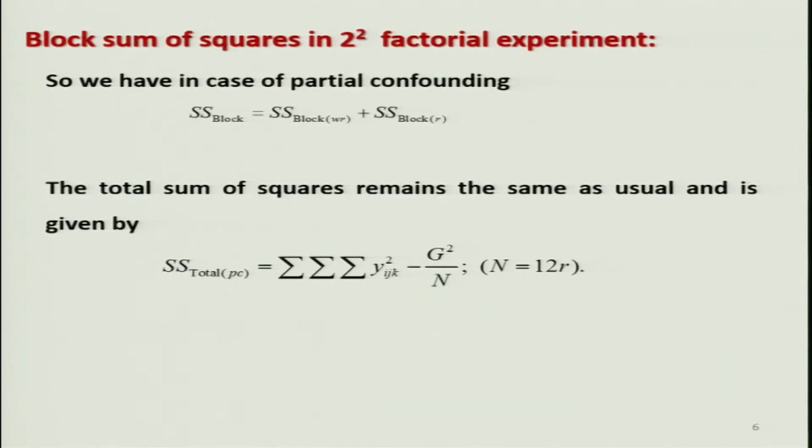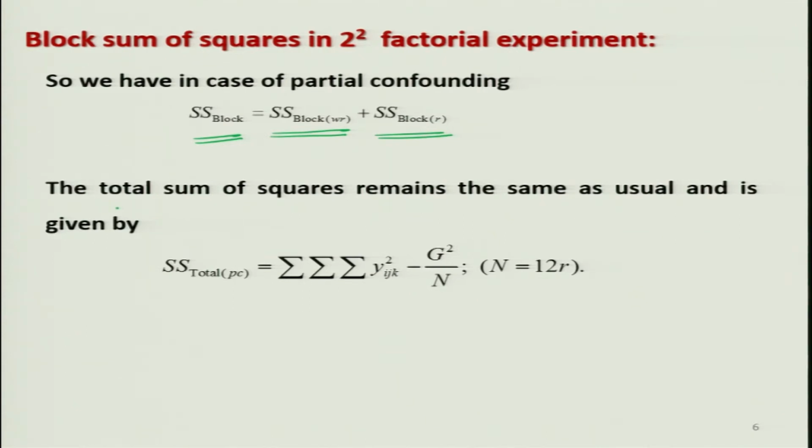Now you can see that in this case of partial confounding, even the sum of squares due to blocks is divided into two parts: the sum of squares due to blocks within replicates and the sum of squares due to blocks due to replicates.